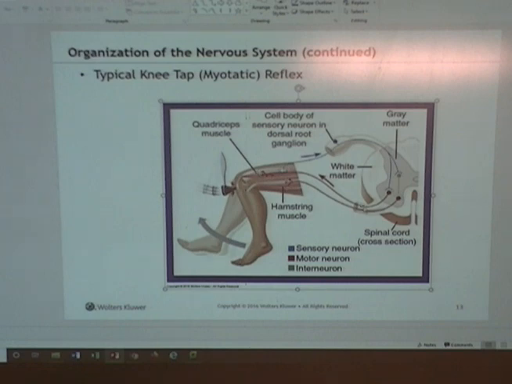So it's called a monosynaptic reflex because there's just the one synapse involved. And so then we get the contraction and we get the leg kick, okay?